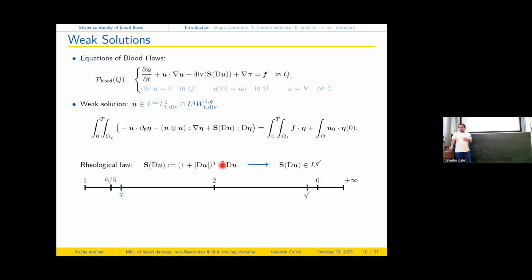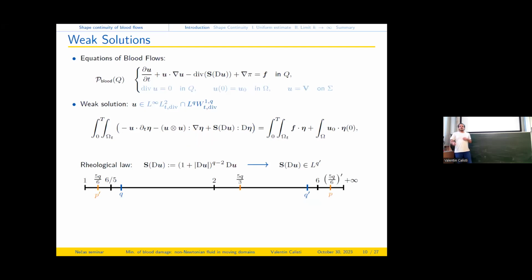If Du here is the symmetric gradient and Du is in L^q, we will have the stress tensor in L^q'. So at least here, we would like the test functions to be in some L^q, L^p, let's say W^{1,p} space, better than L^q'. And then we would like U tensor U to be in something better than L1, so that we can choose something correct for the gradient of eta here.